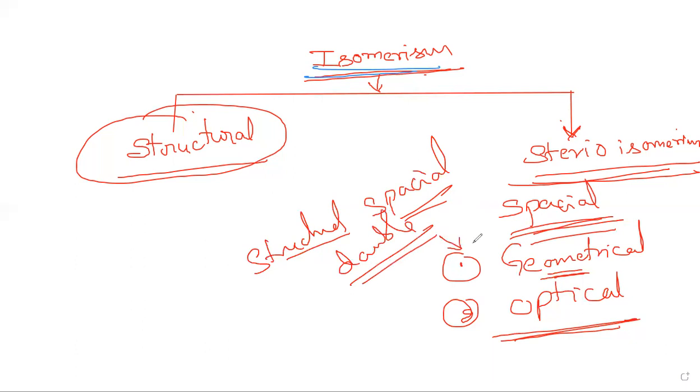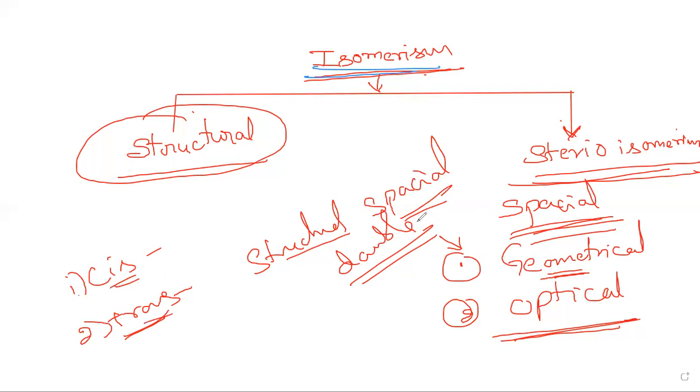This phenomenon is known as geometrical isomerism. What is the condition for a compound to show geometrical isomerism? The same atoms or groups lie on the same side. This geometrical isomerism is identified as two types: cis isomerism and trans isomerism.